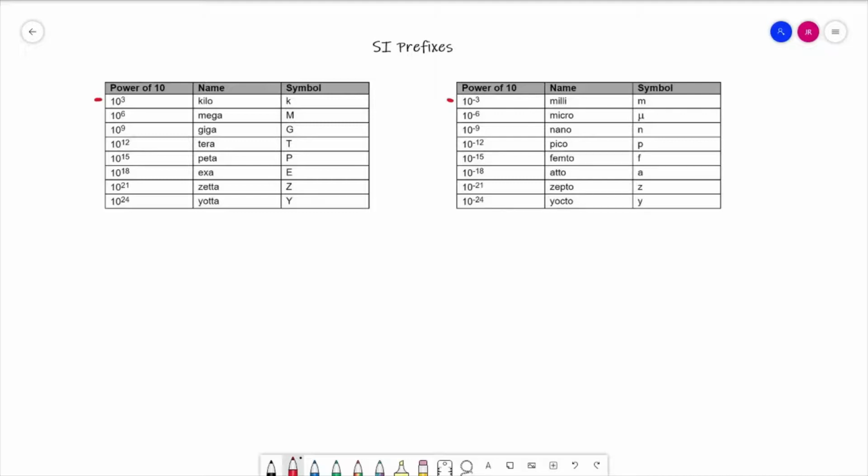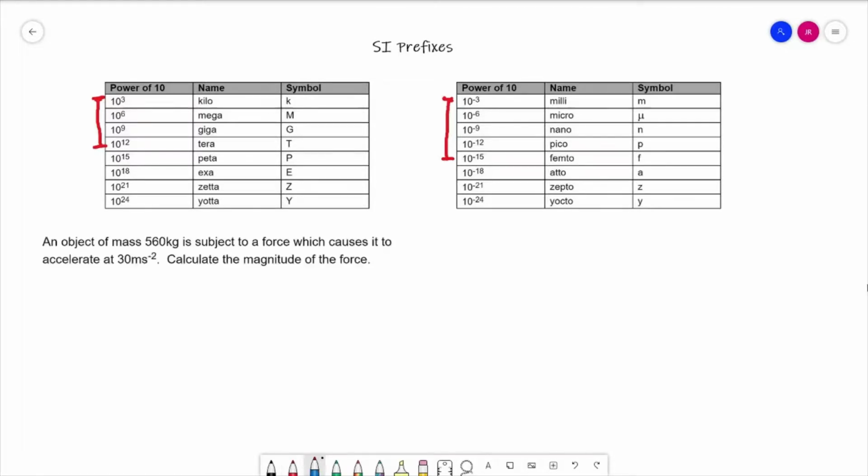At A-level though, what you're expected to know for the big numbers is from 10 to the 3, so from kilo up to 10 to the 12, which is tera, and then for the small numbers 10 to the minus 3, which is milli, down to 10 to the minus 15, which is femto. The rest of them that you see there, they do exist, but we tend not to use those necessarily in A-level physics.